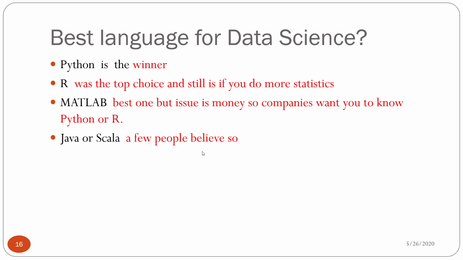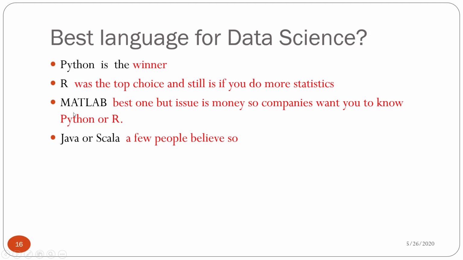But still, R is a language which is still popular in the community of statisticians. They love R. So if you're coming from a statistics background, you would still like to use R as a language. So R is still popular in data science, but it's confined to the statisticians. But we will stick to Python.